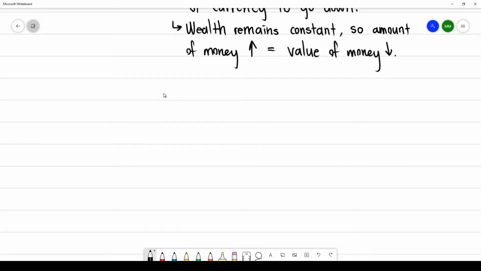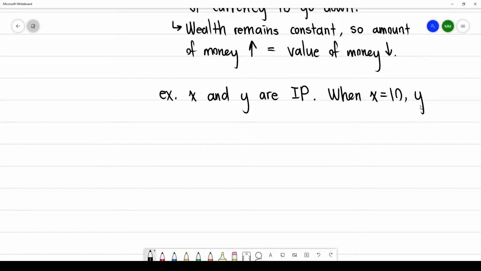So if we go back to math now, I say x and y are inversely proportional. I'll just write IP. When x equals 10, y equals 6.